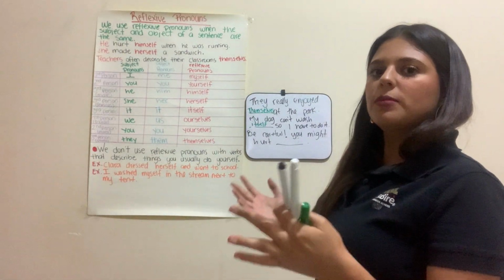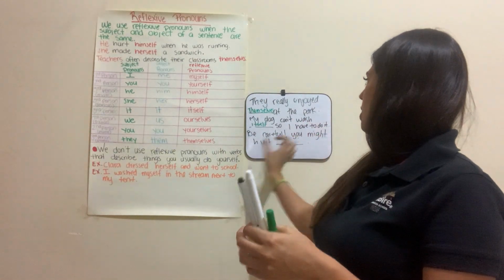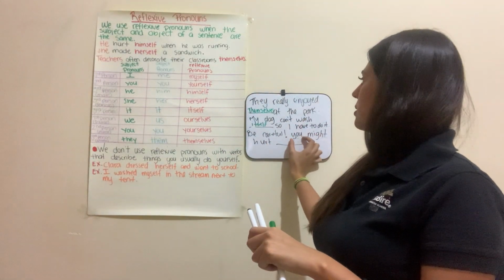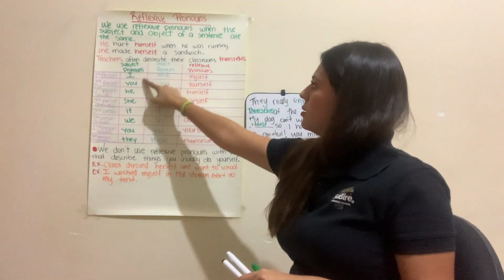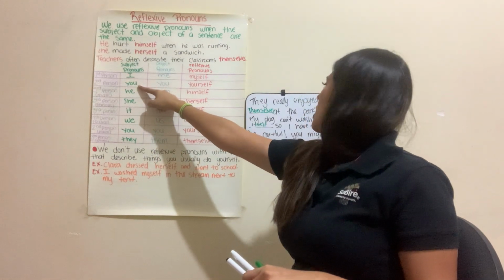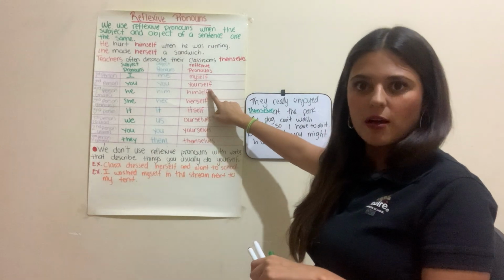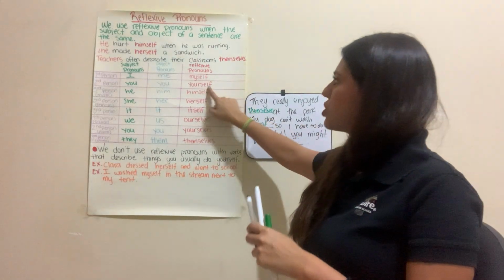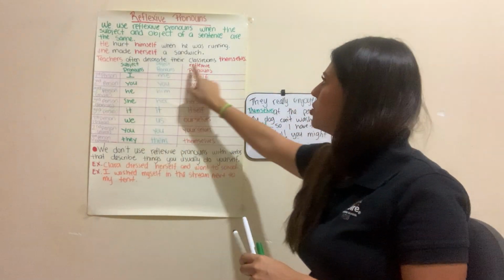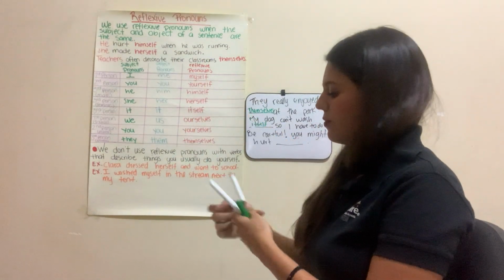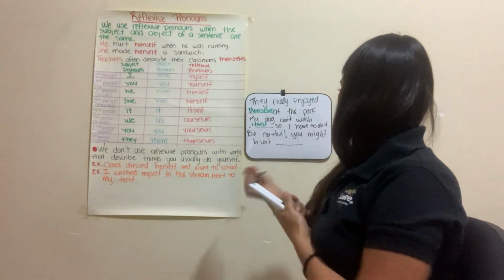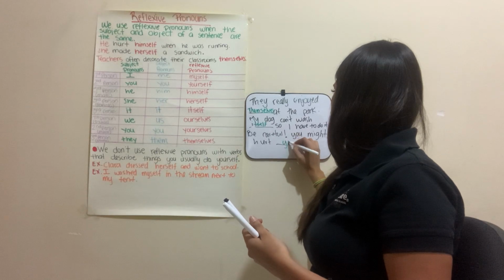Who is performing the action, which is hurt? Who is performing? You. So, be careful. You might hurt yourself. Okay? We're going to use yourself because the subject is you, so we're going to use a reflexive pronoun, yourself. Okay? Be careful. You might hurt yourself.